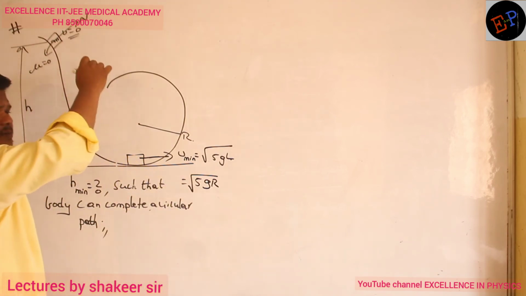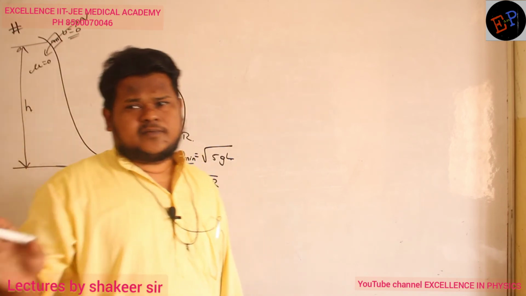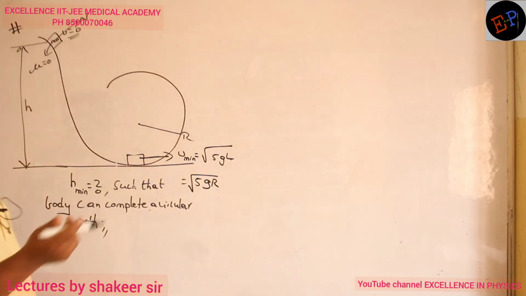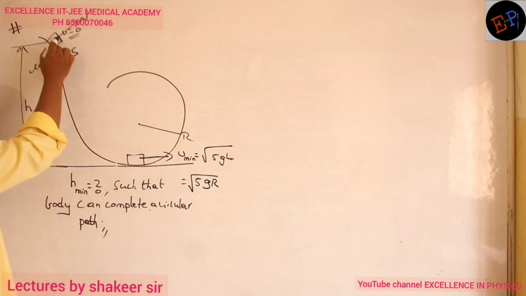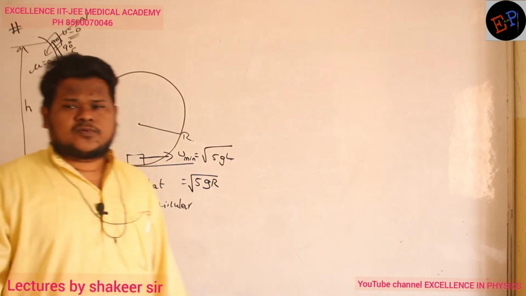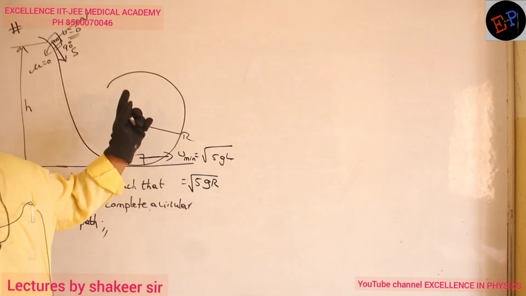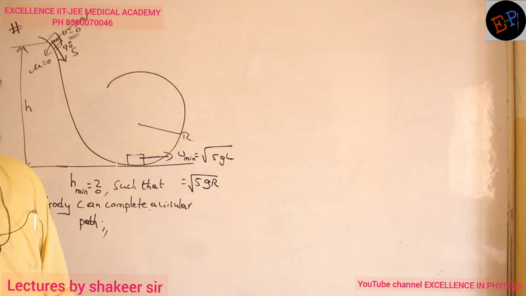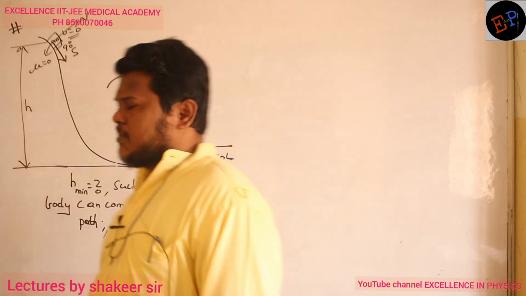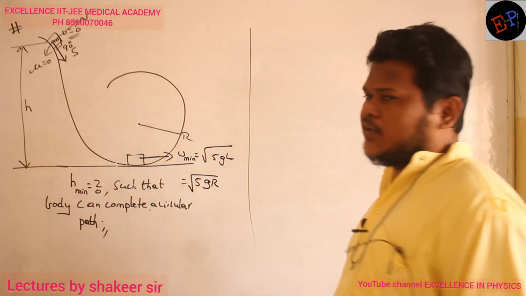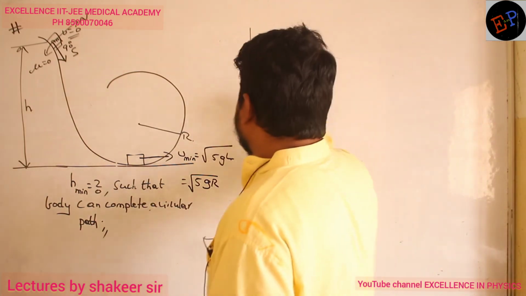Normal reaction is also there, but normal reaction cannot do any work, because the normal reaction is in this direction and the displacement is in this direction. What is the angle between them? 90 degrees. So the only force doing work on this body is gravitational force, which is a conservative force. So if only conservative forces are acting, I can apply the law of conservation of mechanical energy.